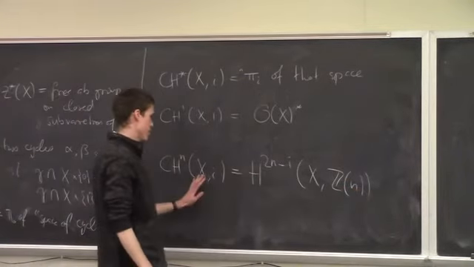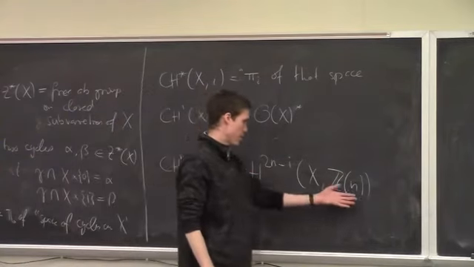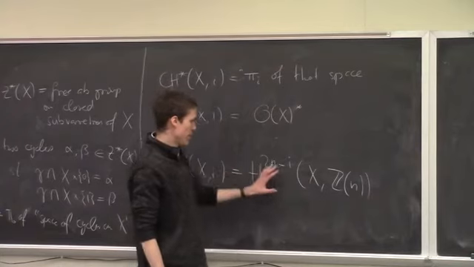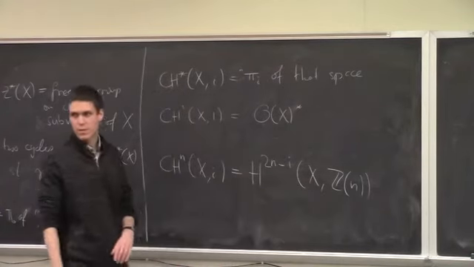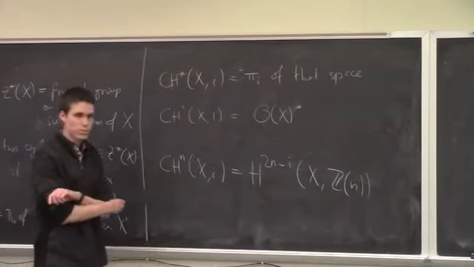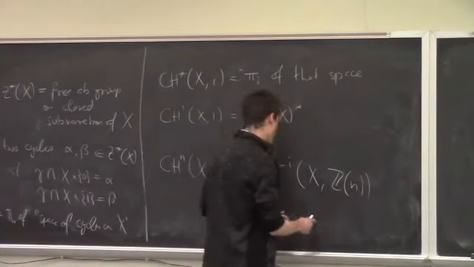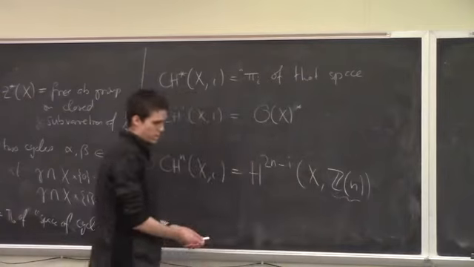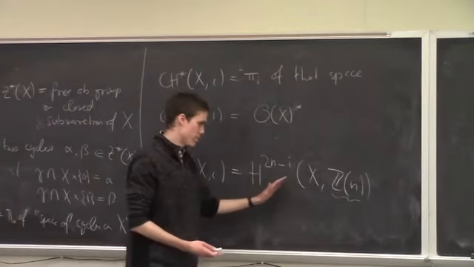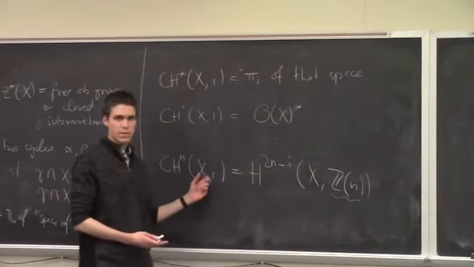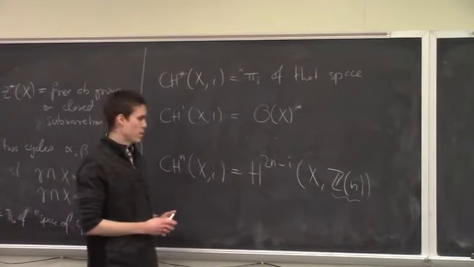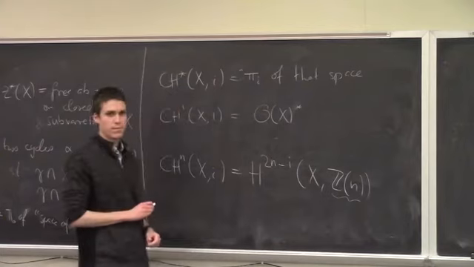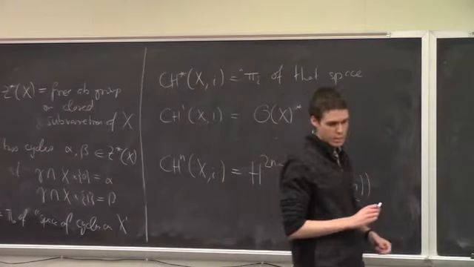It's just another notation for this, but it looks more like you're taking the cohomology of X with coefficients in something. And what does Z(n) mean? There's actually a chain complex Z(n) whose cohomology gives you this. So that's what this means. But you could just take this as the definition of this alternative notation.